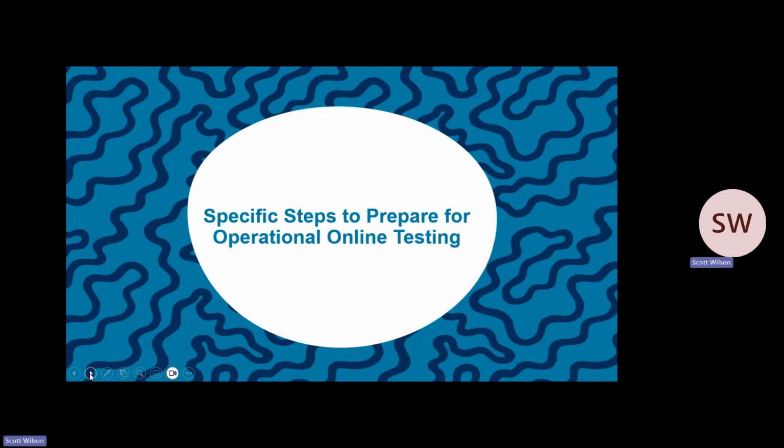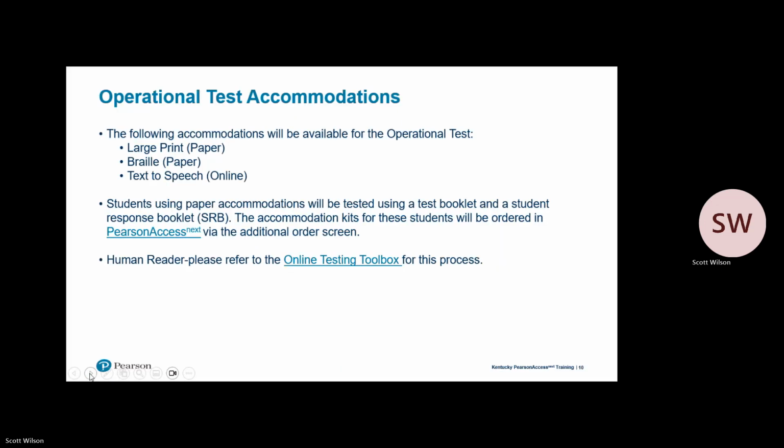Okay, now we're going to go into some specific steps to prepare for online testing. For test accommodations, for operational testing, you will have large print and Braille, both available via paper, and text-to-speech will be available online.